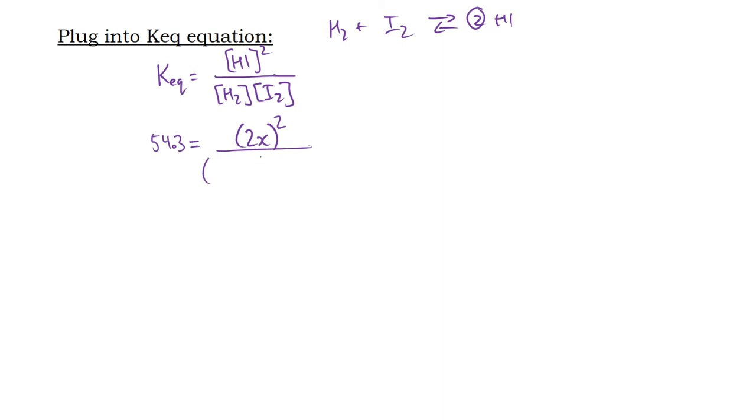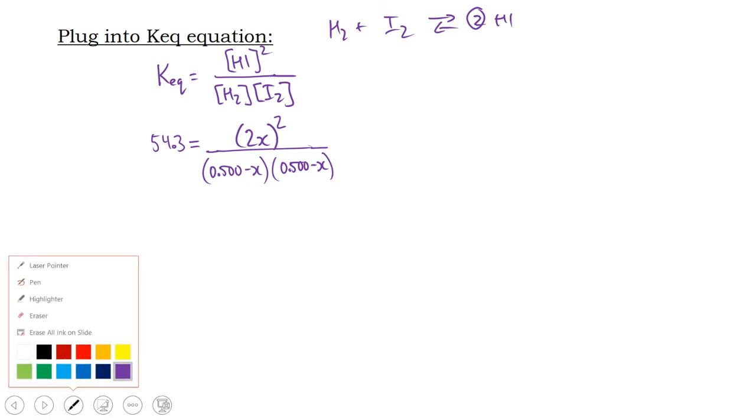On the bottom, I've got concentration at equilibrium for the hydrogen, the H2, at 0.500 minus X, and the iodine also at 0.500 minus X. The fact that those are the same is not a coincidence. It's because I gave you an easier one. This could be harder. I know you probably don't believe me, but this is going to allow us to simplify things down.